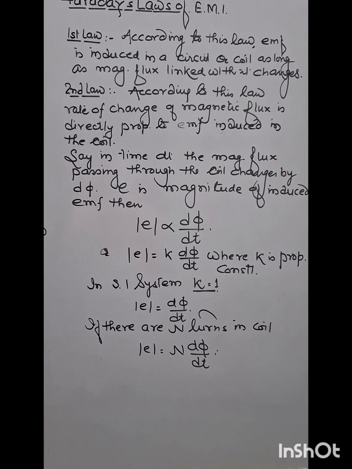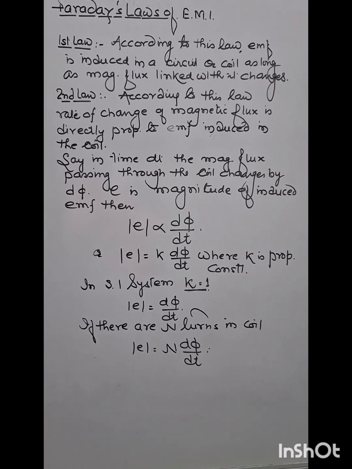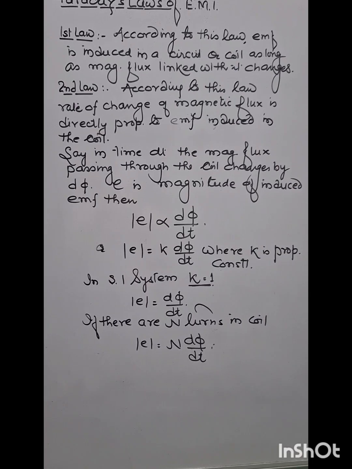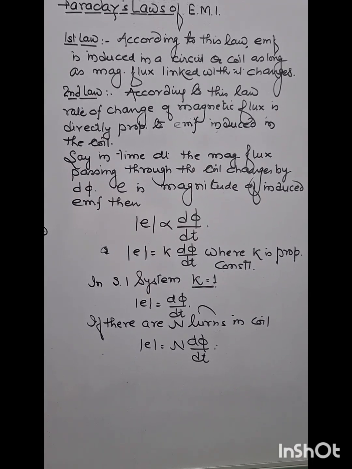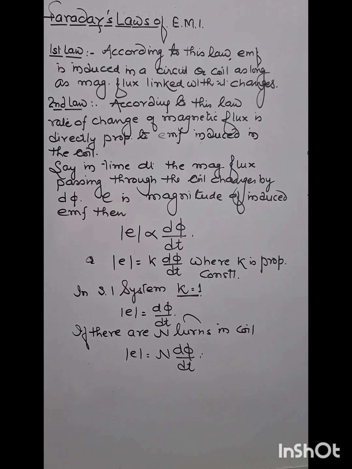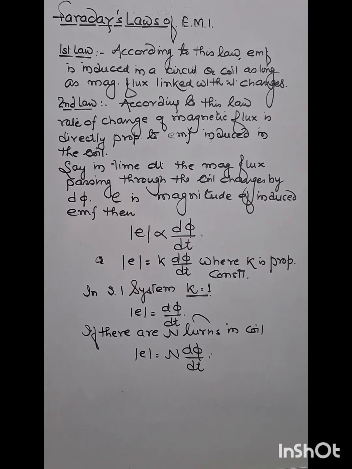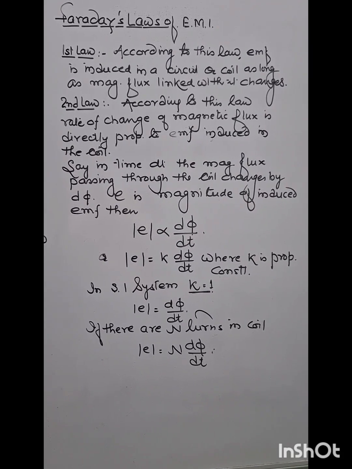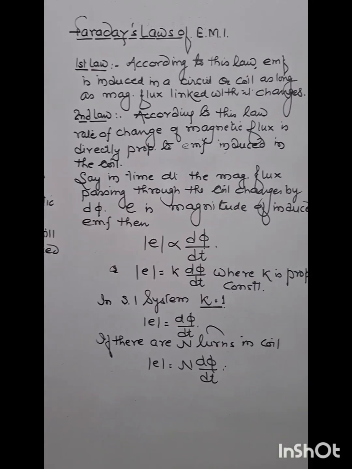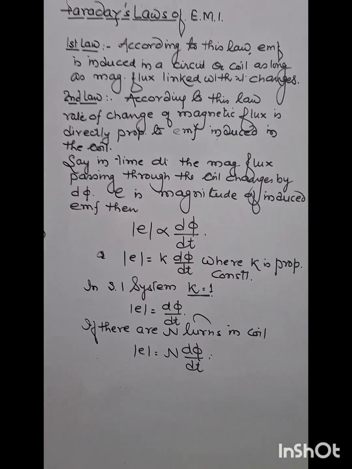In detail, you can say, if there is a relative motion between the coil and the magnet, the magnetic flux passing through the coil will change and induced EMF will be produced. But if both are at rest, then there is no change in magnetic flux and no induced EMF.